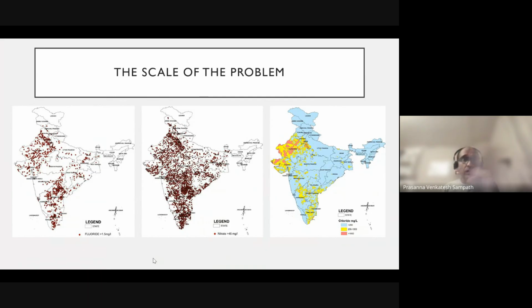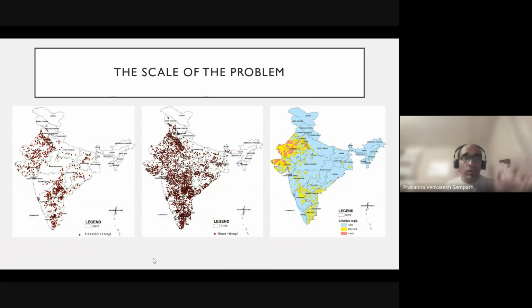So you can see that there is widespread fluoride contamination, and this is mostly from naturally occurring fluoride in the groundwater. Okay, so some issues are because of naturally occurring substances. Some might be because of both natural causes and human intervention. So it's a mix of the two, but in any case, the problem has to be solved, right?